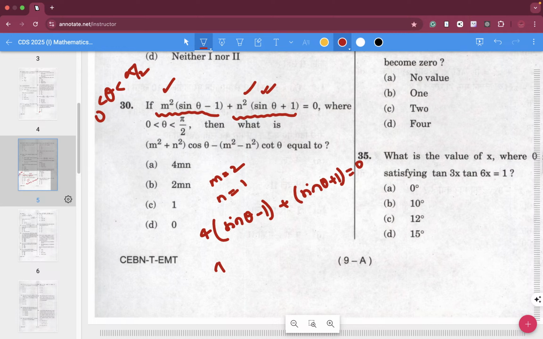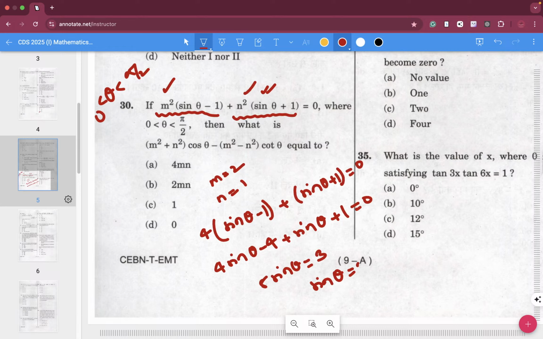Which means 4 sine theta minus 4 plus sine theta plus 1 is equal to 0. So 5 sine theta is equal to 3, which means sine theta is 3 by 5.